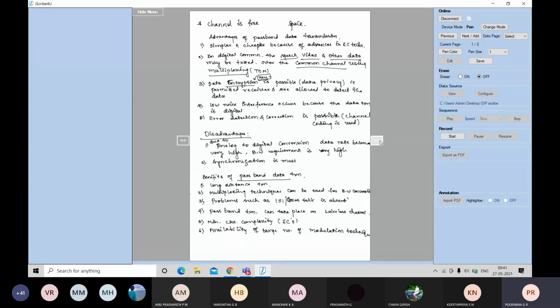Now these are the different types of modulation techniques you have in the case of digital communication. And when you go for the definition of modulation, because before I start with PSK, I wanted to make clear what type of modulation technique we are going to make use of, whether it is passband or baseband.